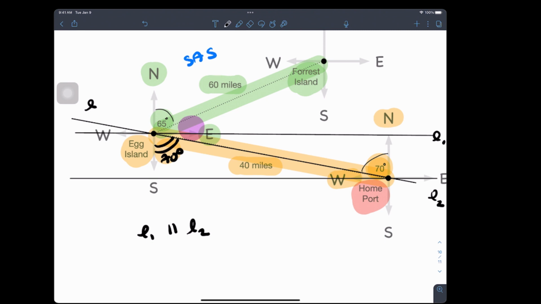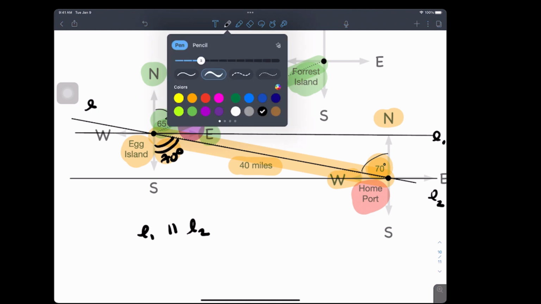L2. Didn't we work with those transversals? Okay, do you guys remember that first week we did transversals? That's why we did it. So there's your transversals, ladies and gentlemen. So that's 70.